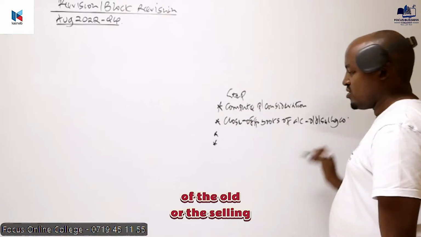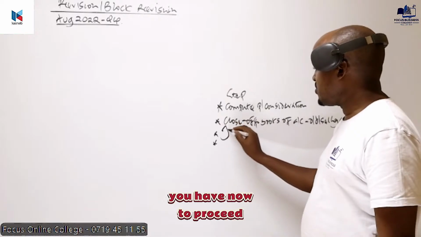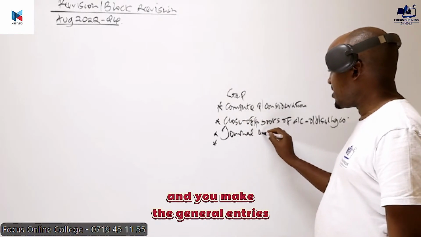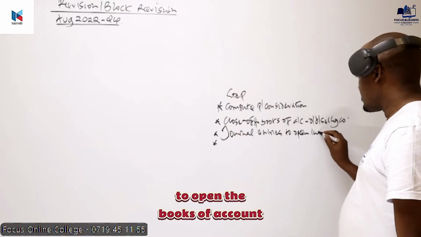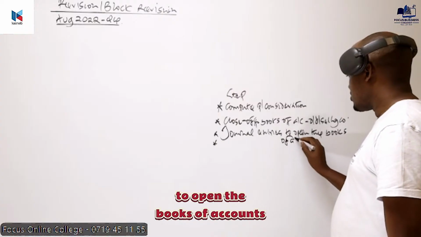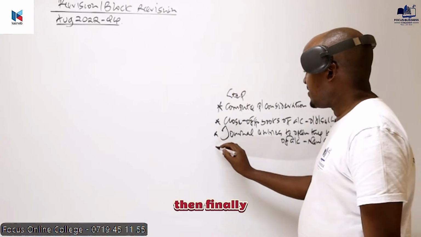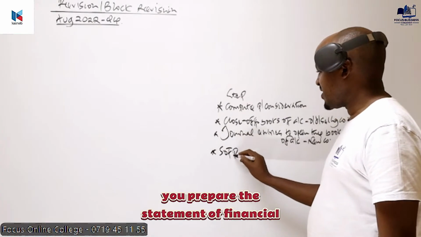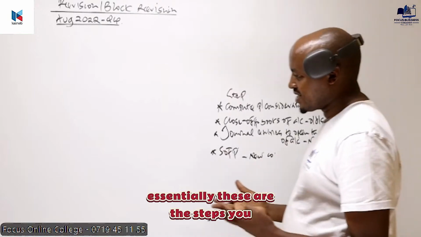Then you make the journal entries to open the books of account of the new company. And finally, you prepare the statement of financial position equally for the new company. Essentially, these are the steps you should follow.